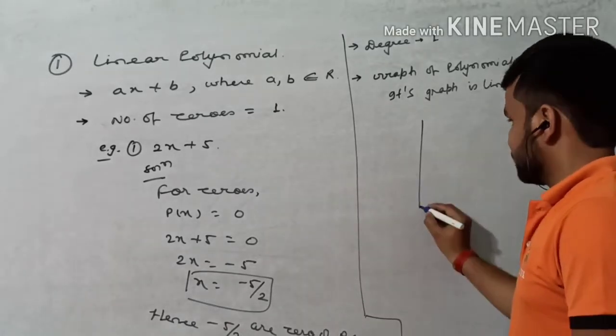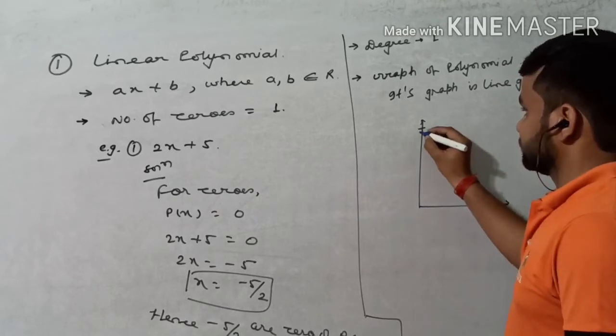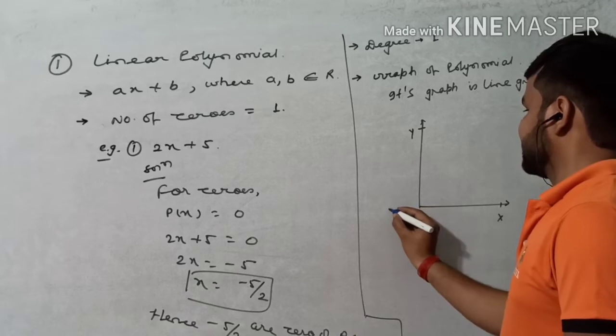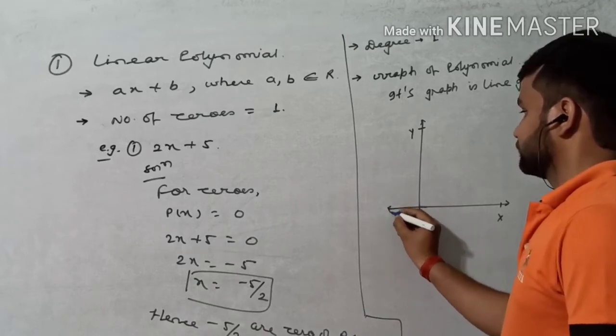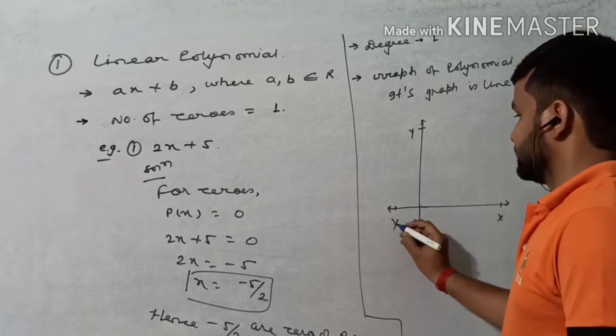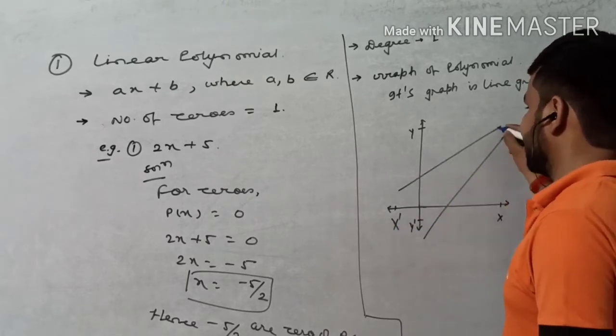That means linear polynomial is represented by a line graph, that means a straight line.